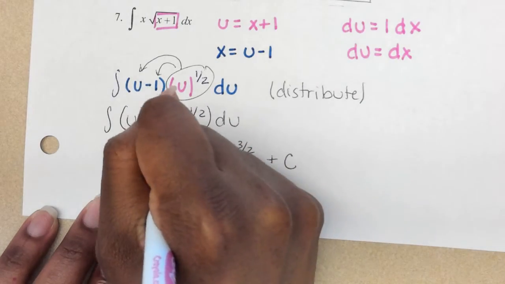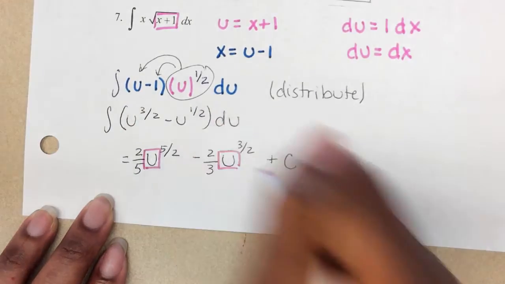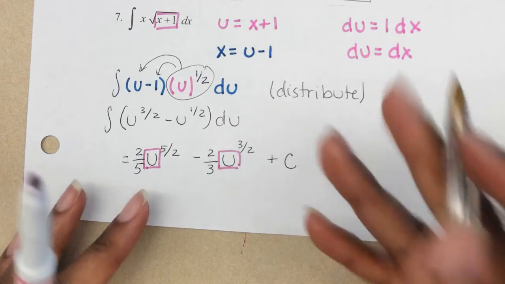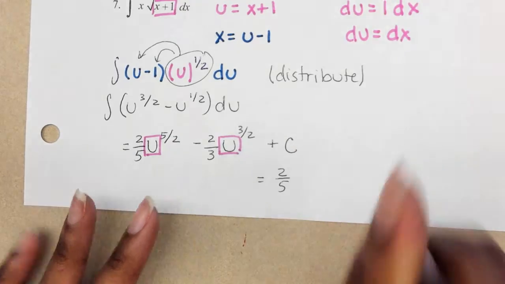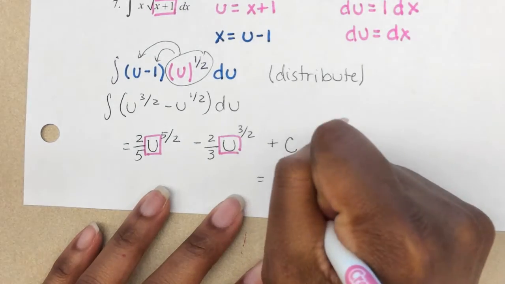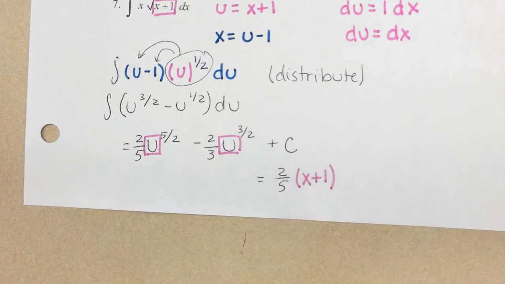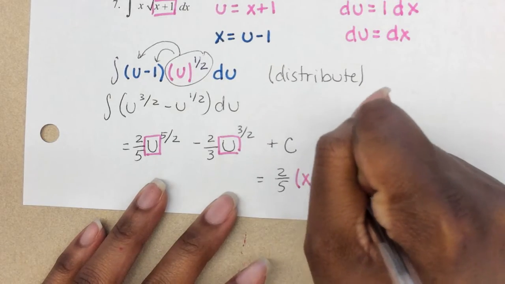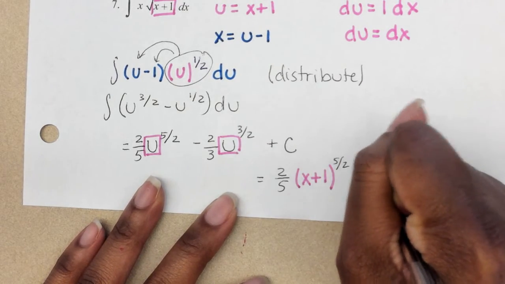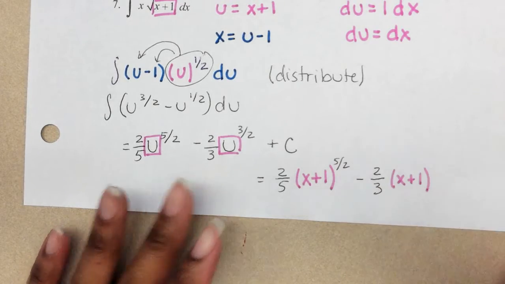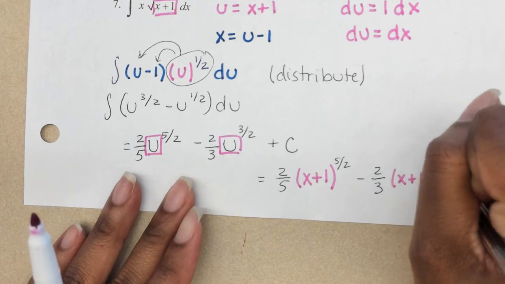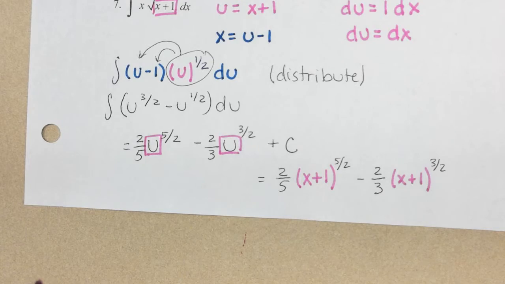Now I'm going to substitute back in my u's. So my final answer is 2/5 x plus 1 to the 5/2 minus 2/3 x plus 1 to the 3/2 plus c.